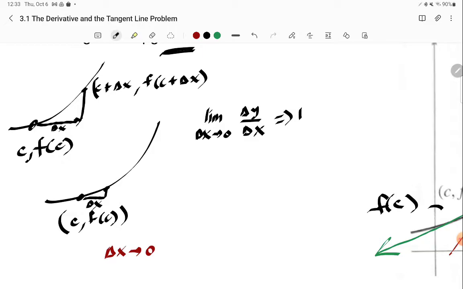So we're going to rewrite this in the context of what we're doing.